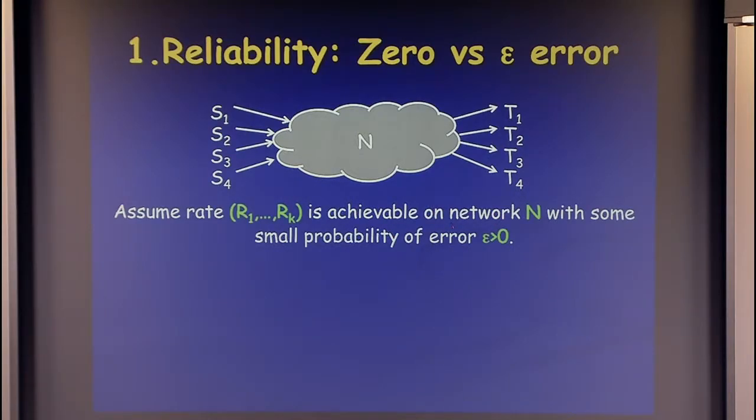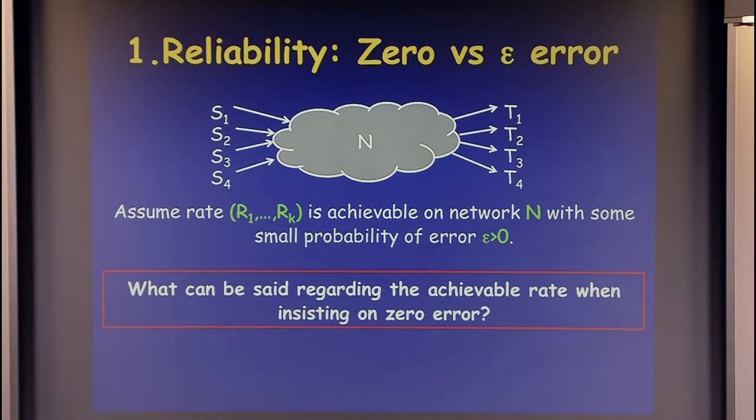It could maybe tend to 0, but we always have some probability epsilon that our communication is going to fail. And in this question that we're raising, we're asking, okay, what happens when I want to insist on 0 error in communication? So I know that R1 to Rk can be achievable when I have a little bit of error. What can I say when I want to insist on 0 error?